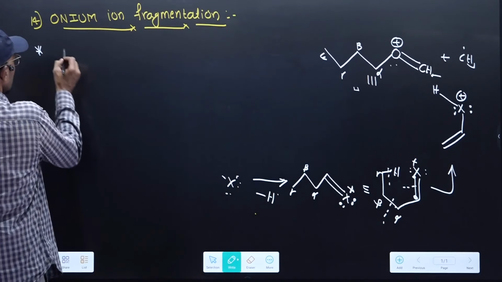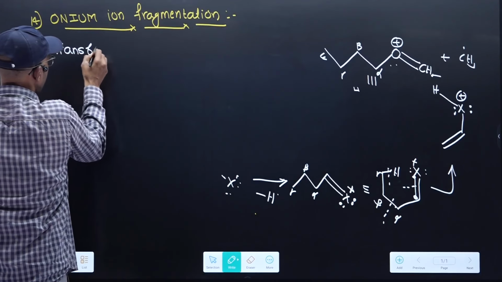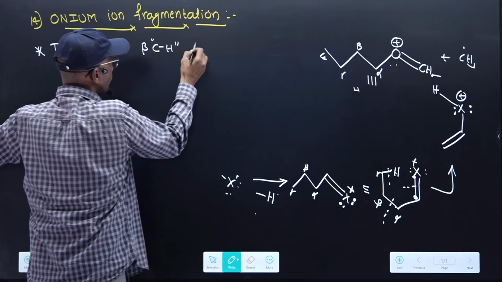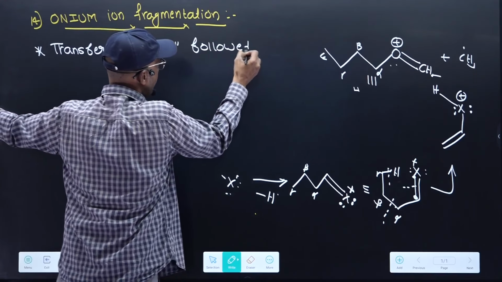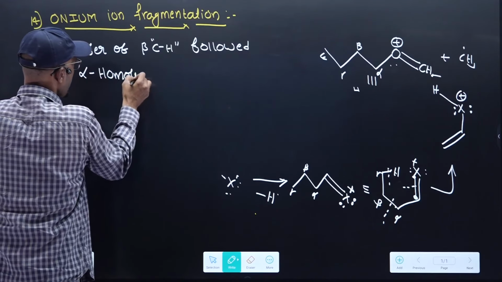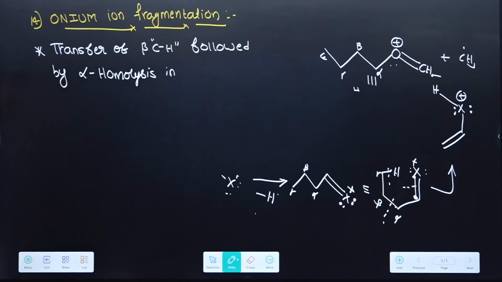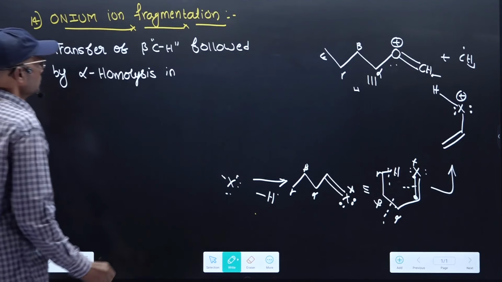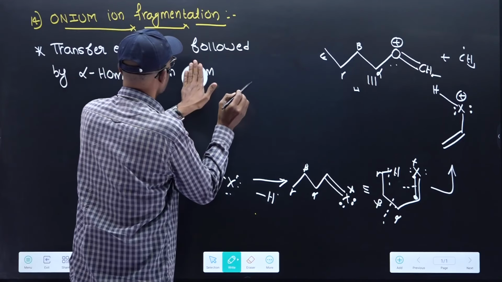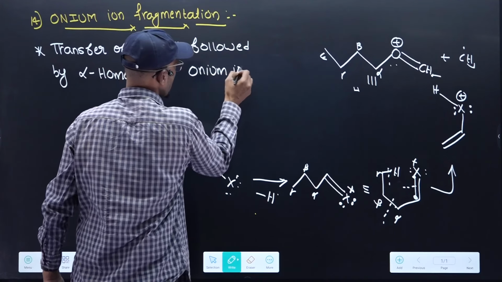Write down: onium ion fragmentation is the transfer of beta carbon hydrogen followed by alpha homolysis in onium ions.